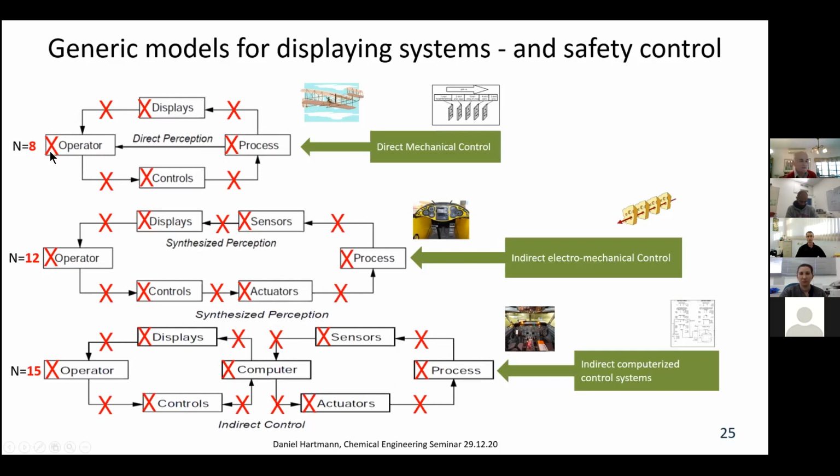So it's purely theory, yes? So you can see that in a mechanical system, there are 8 possibilities to fail in a very simplified presentation. In electromechanical, we have already 12 possibilities to fail. And in a computerized system, we have 15.